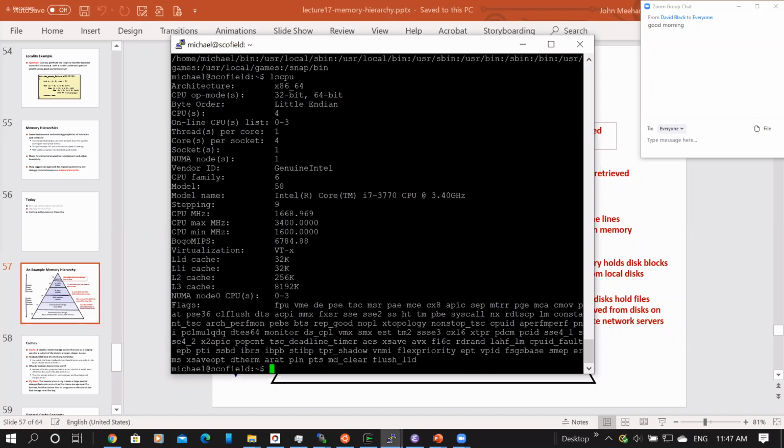And then we have, as you remember, 4 cores on this processor. Each one of them gets its own private L1 and L2 caches, but all 4 cores share a common L3 cache. So you've got 4 pigs feeding out of the same trough there.